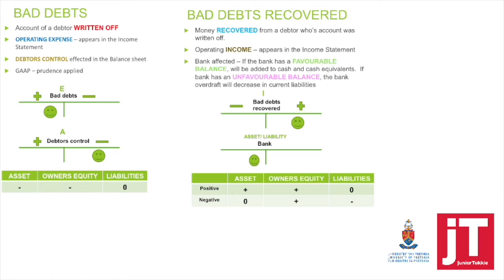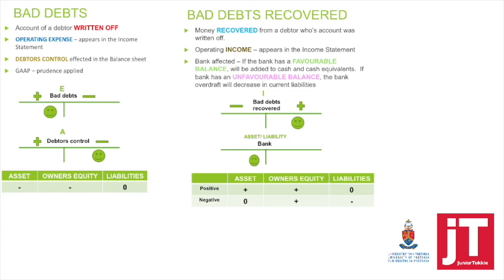Now, it could happen that eventually that debtor does appear and they want to settle their account. But now we've removed them from our debtors. So we cannot say we've received money from a debtor. And this is a common mistake, which we're going to look at later on if the bookkeeper made a mistake.